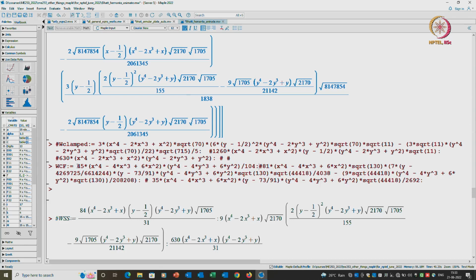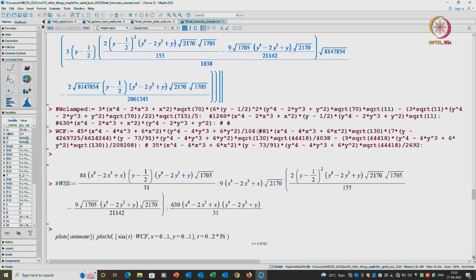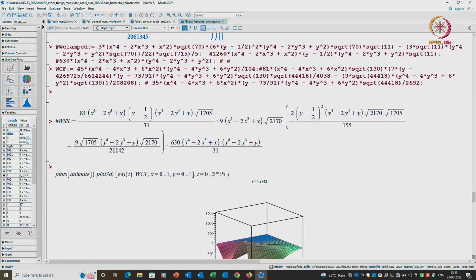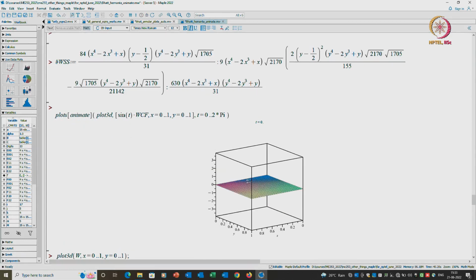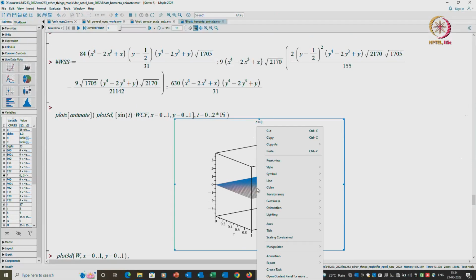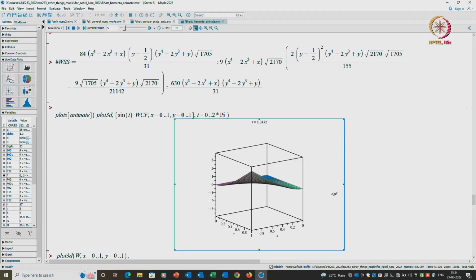Okay, if we run this, okay, so that is a low order mode. Okay. So, you have displacement and clamping condition at these two edges.